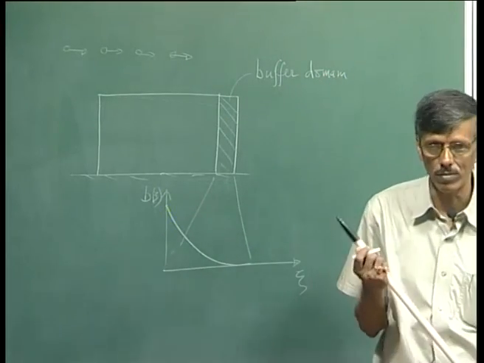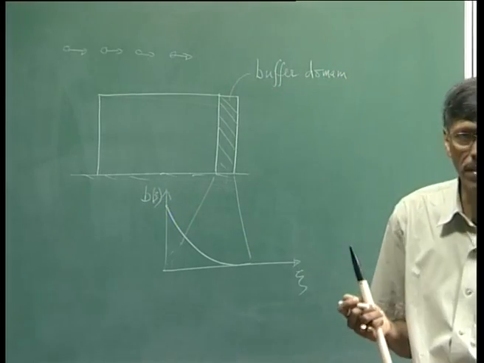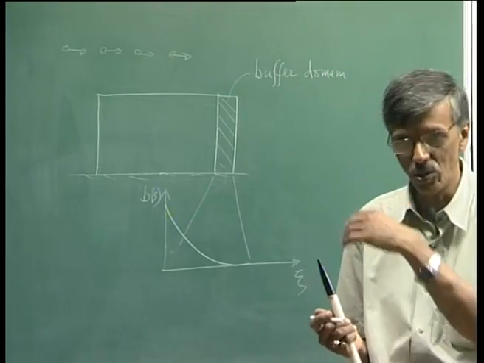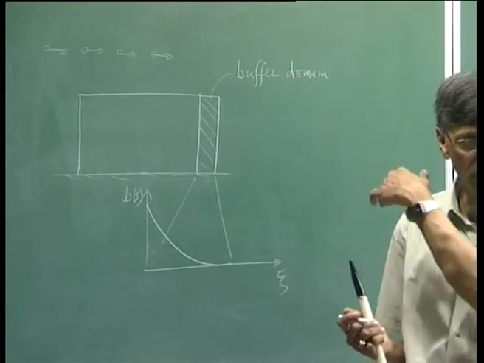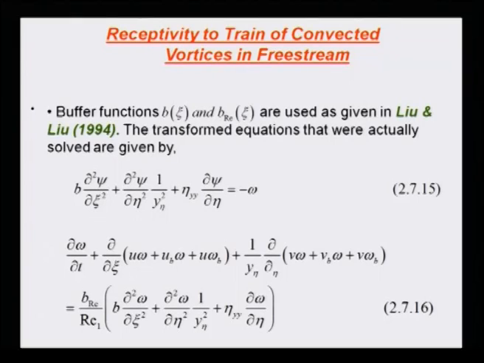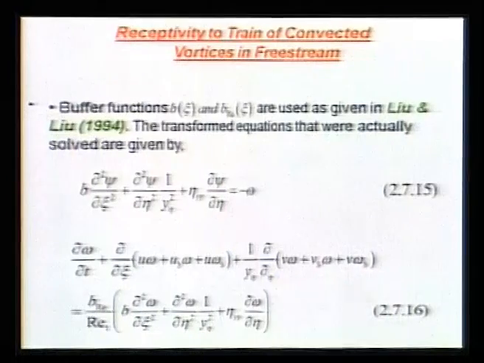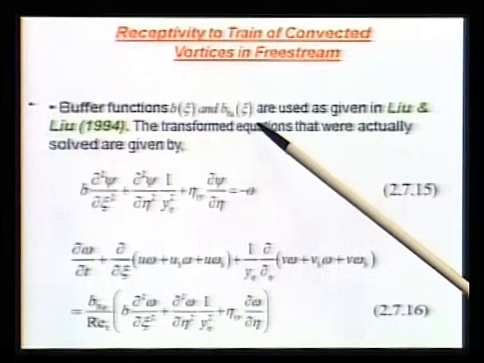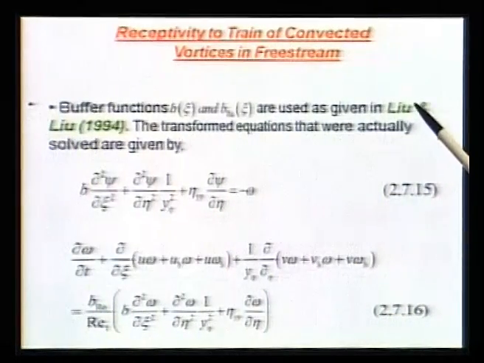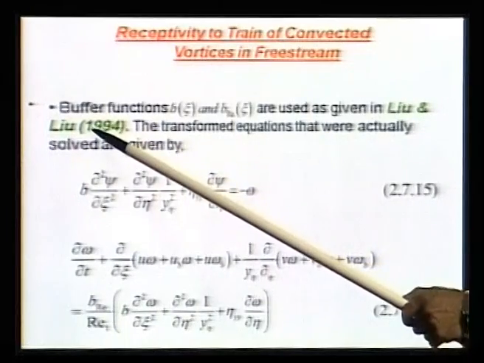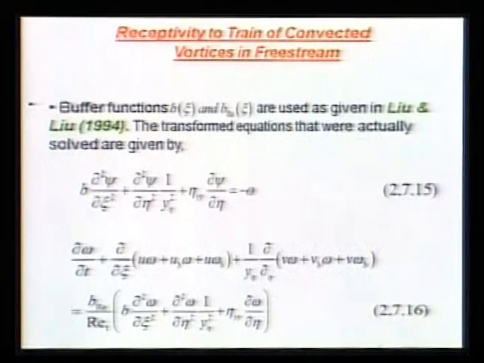So, how do you do that? You should have a function that grows with xi. That is the role of this. You can see these two buffer functions, b of xi and BRE of xi. These were taken from this paper by Liu and Liu.